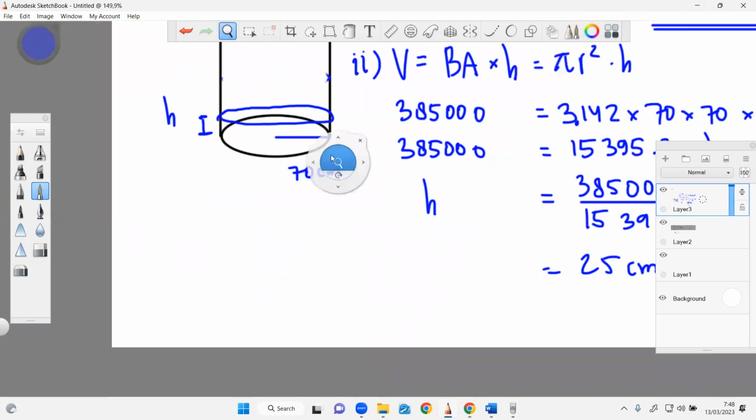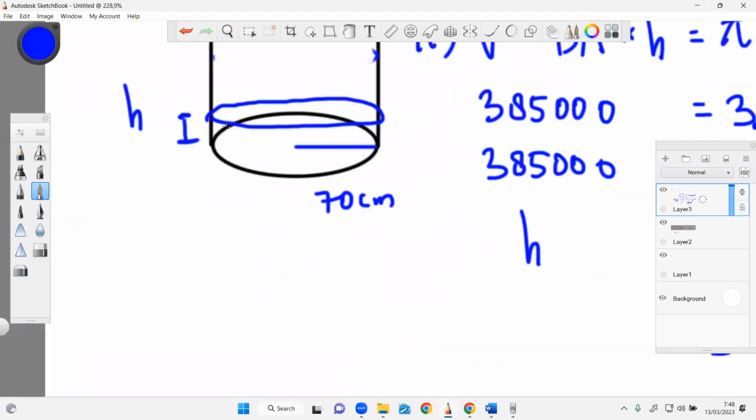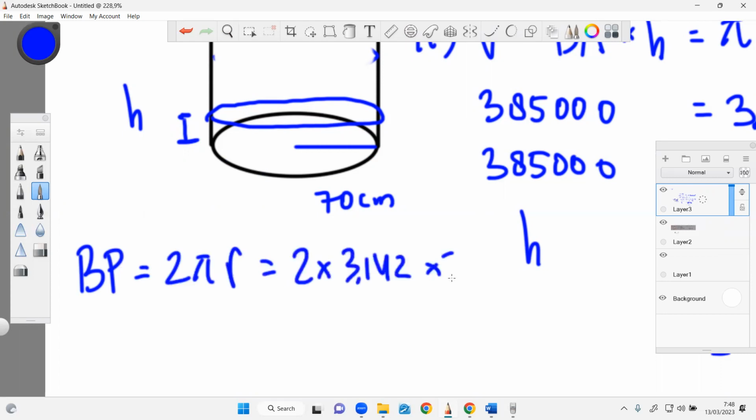The total surface area of the liquid in contact with the cylindrical tank. Focus here. So what do you have to do? In contact with the cylindrical tank means only one base exists, right? One base, the bottom, not the top. So do the base perimeter first, 2 pi r: 2 times 3.142 times 70.